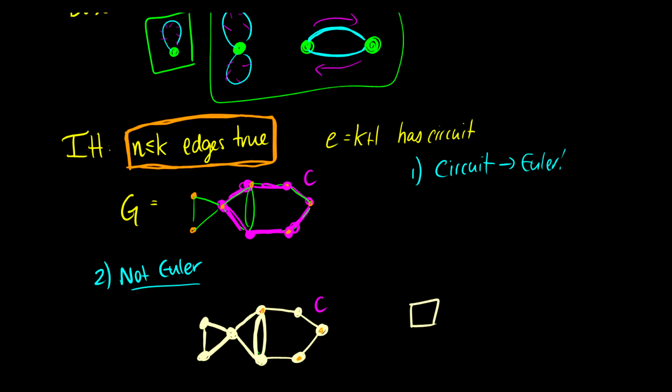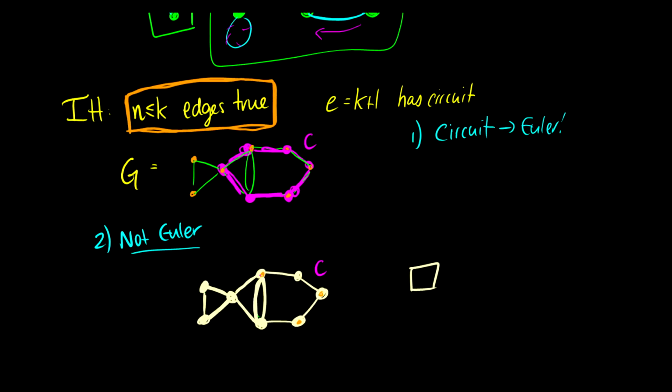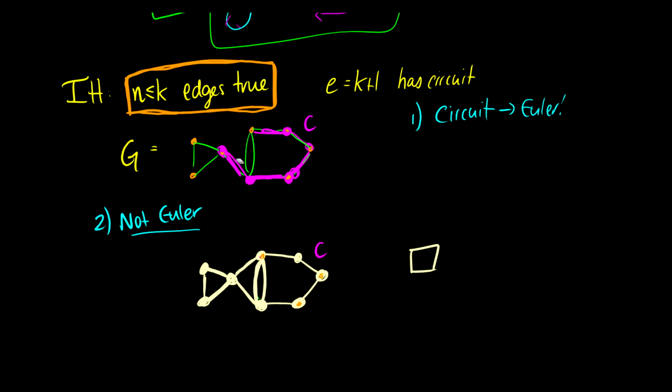There's two cases when we do that. And I should say we know there's at least a circuit because connected and even degrees mean that you can leave and enter every single vertex, so there must be some path to get back to the original. Okay, so that's been done. If we pick a circuit nicely, it could be an Euler circuit right away. If not, then what we do is we delete the original circuit.